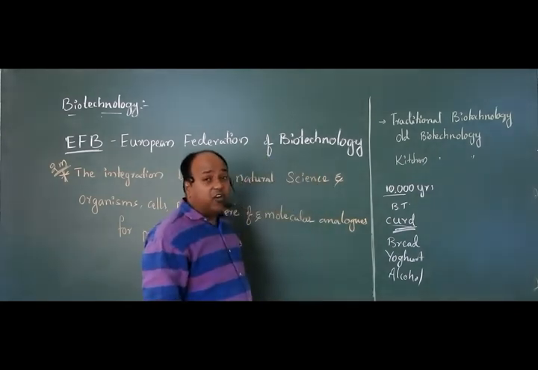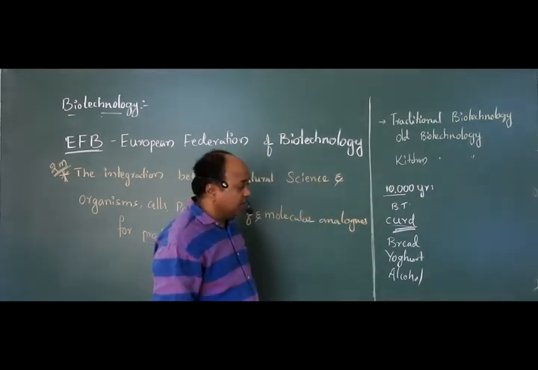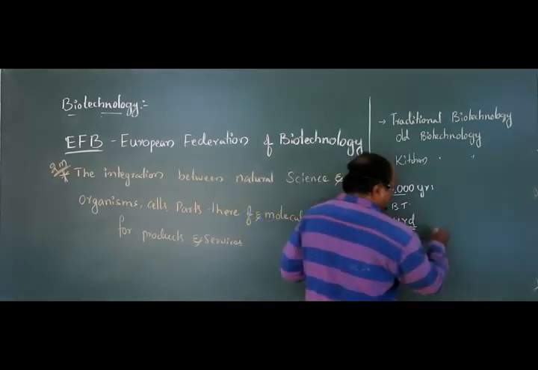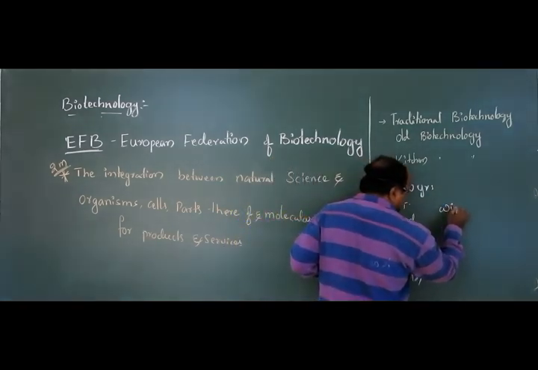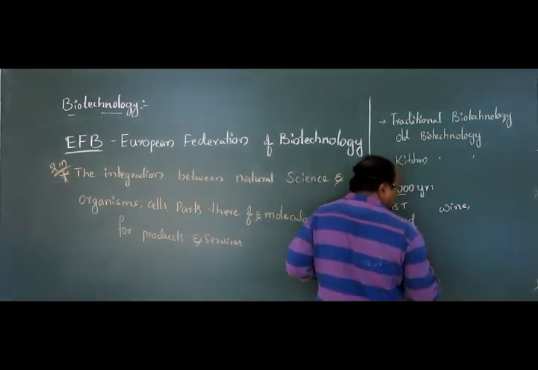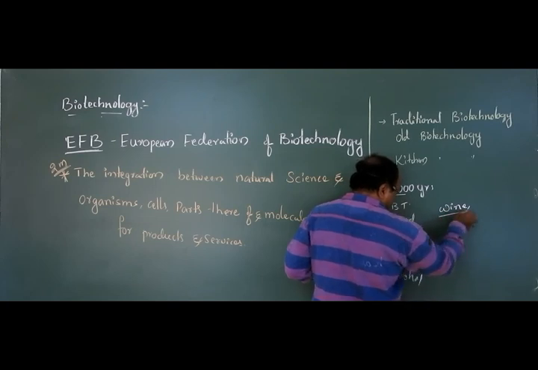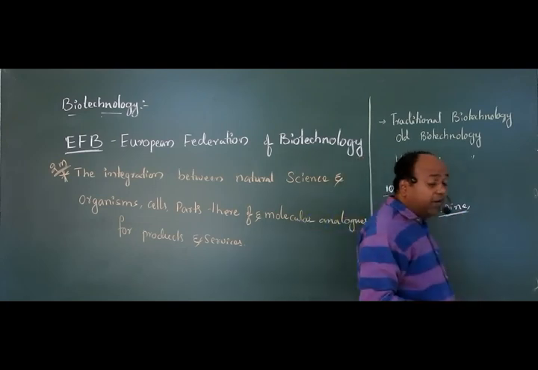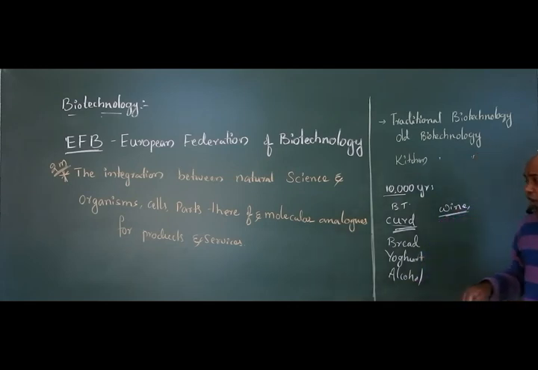And production of beverages like wine by fermentation method. All these come under which one? Traditional biotechnology. So wine was produced in the ancestral years only.